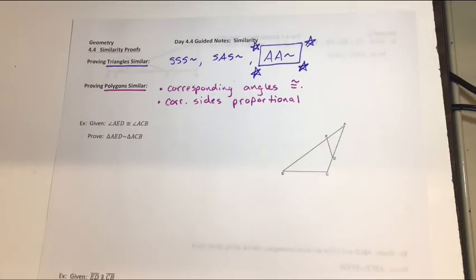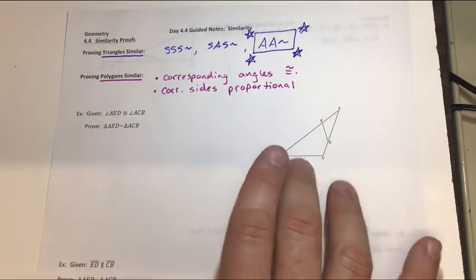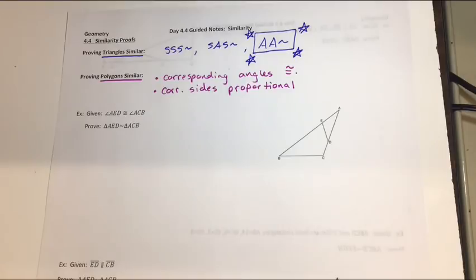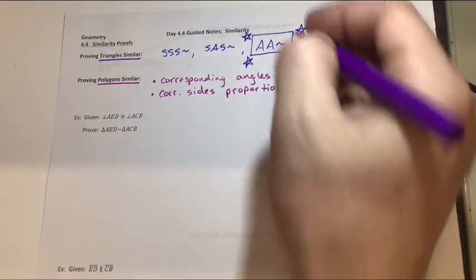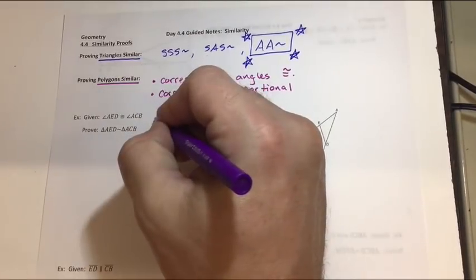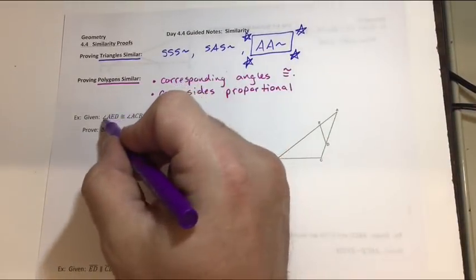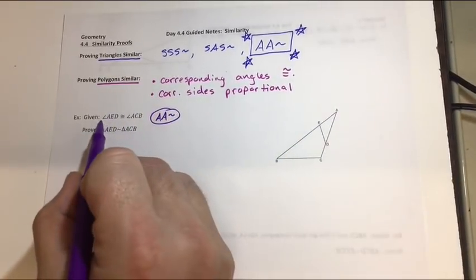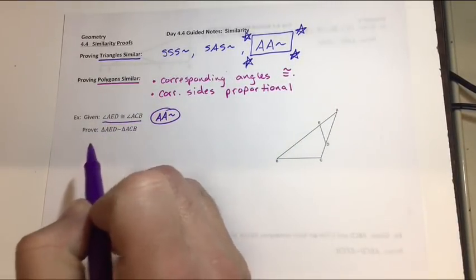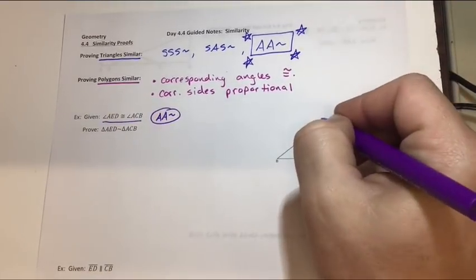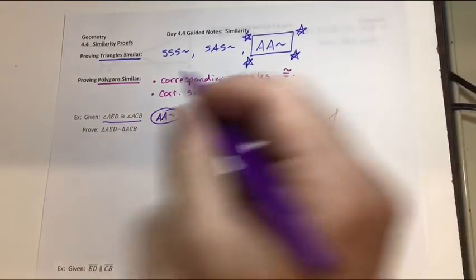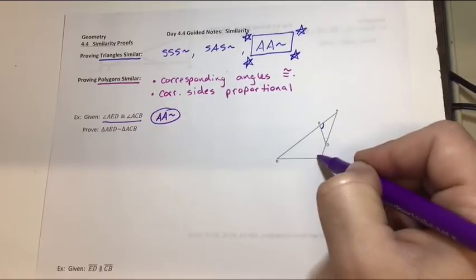But first, we are going to take a look at a proof proving that these triangles are similar, and these triangles don't work out in a nice, neat function or pattern because they don't match up the way you think they will. But remember, we want to try and use angle-angle similarity whenever we can. Well, looking at what is given to me, all they give you is this triangle picture, but they do give you that they have a pair of angles congruent, that AED, this angle, is congruent to ACB, this angle.